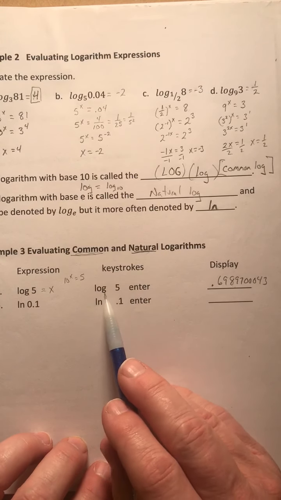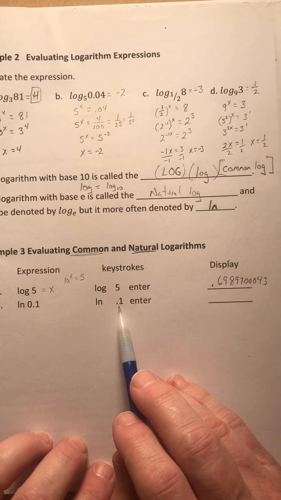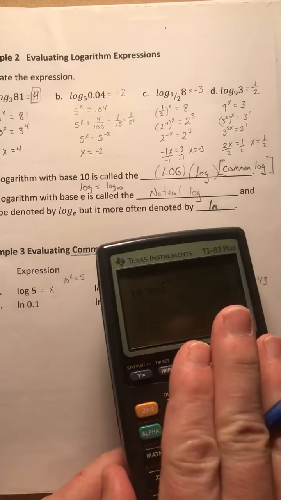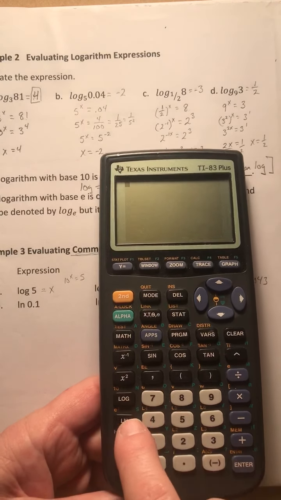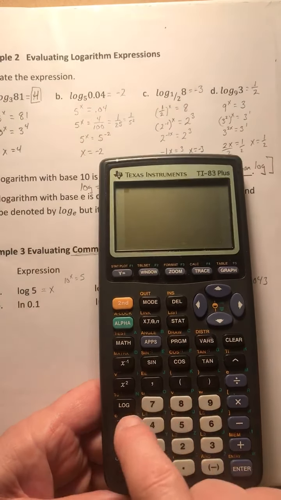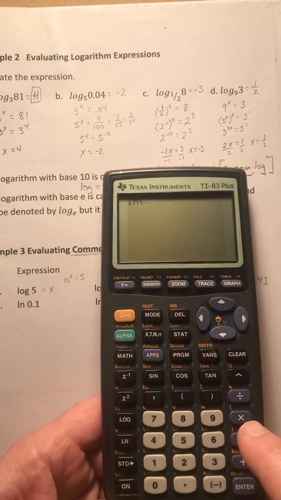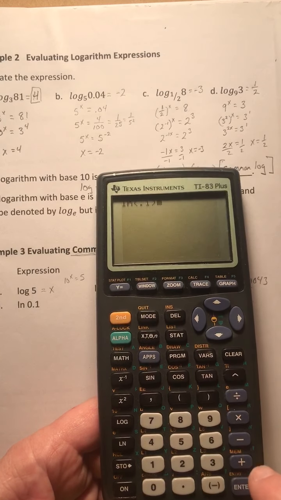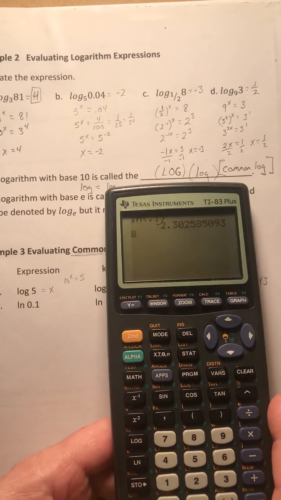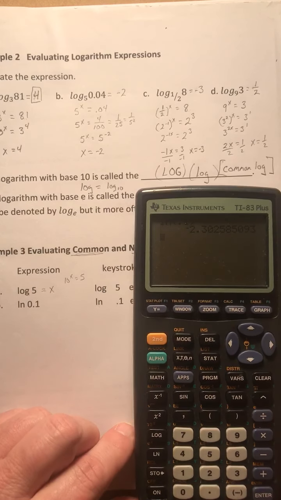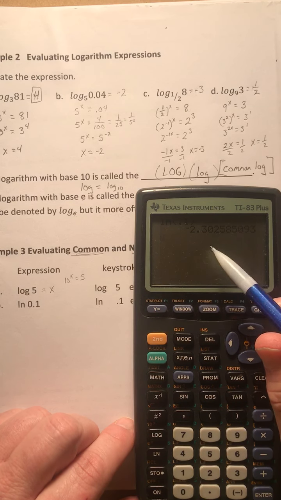So that's the log key in the calculator. Now we have the natural log key in the calculator. If I do the natural log of 0.1, I'll clear this out. Natural log is right below the log button. It's ln. So I do ln of 0.1 and hit enter. What this means is that e to that power is going to give me 0.1.